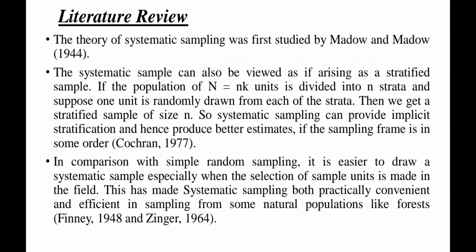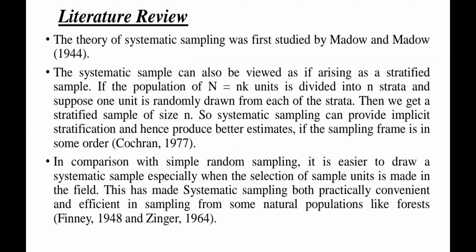Actually, this well-known probability-based sampling technique, systematic sampling, was first studied by Madow and Madow, and then various researchers from different areas of statistics have used this sampling technique for their own purposes.